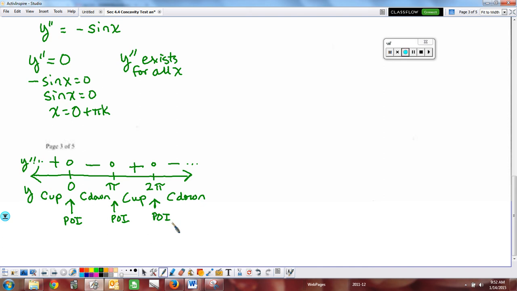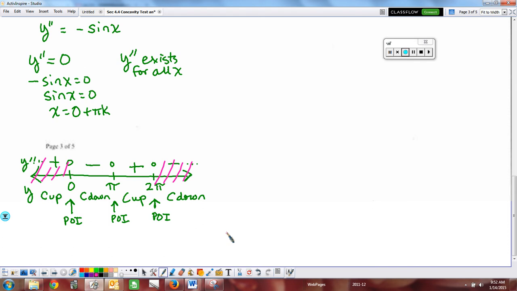All right. Now, since we're only doing the graph from 0 to 2 pi, I am not going to include 0 and 2 pi because I don't have a switching, because this is now gone, right? Remember, because we're limiting our graph to not start until here at 0 and to end at 2 pi, that would not be considered a point of inflection.